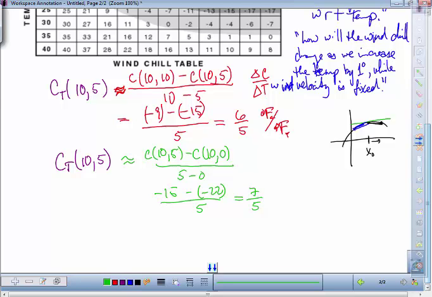So finally, if I just take the average, C sub T of 10, 5, if we take the average of 6/5 and 7/5, that should be a better approximation for us. 13 over 10.